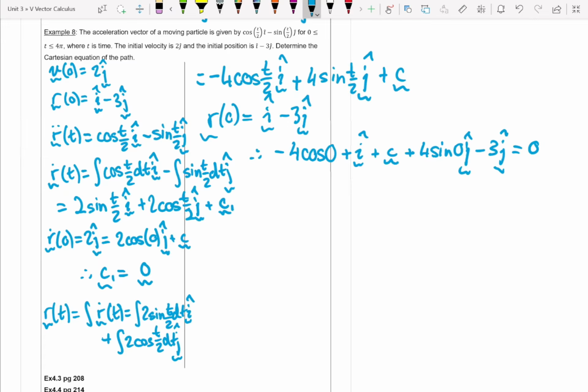If we get c, let's call it c2, over to the left-hand side, we find that c2 is equal to 5i minus 3j. The only way for that to cancel out is to have that minus 3j and that 5i. That comes from negative 4 cosine of 0, giving us negative 4 times 1, and 4 sine 0 is 4 times 0. So we take the negative 5i and the positive 3j to the other side.